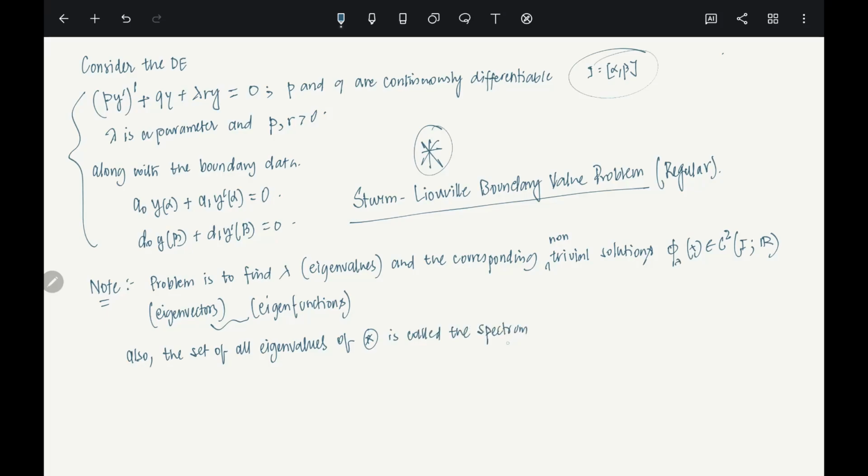What is the spectrum of what? Spectrum of some operator, right? The operator is given by L, which is (p y prime) prime plus q y. That's the operator. So that is the whole problem, the introduction of the problem.